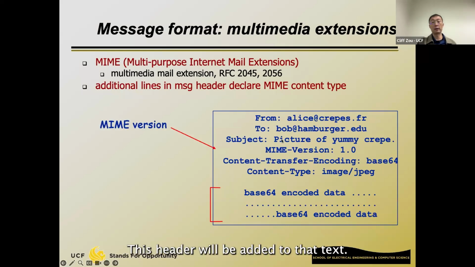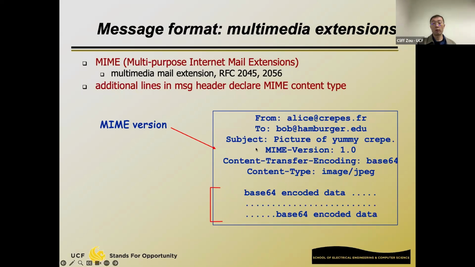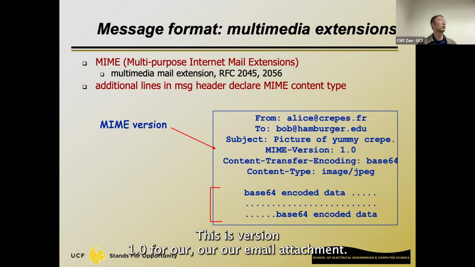This will be automatically attached to the text-based email. So this is the MIME version. Because MIME 1.0 is good enough, after 30 years we are still using MIME version 1.0 for our email attachments.